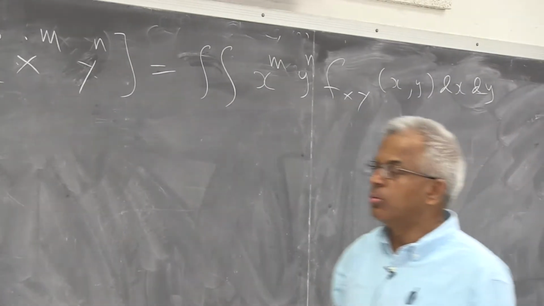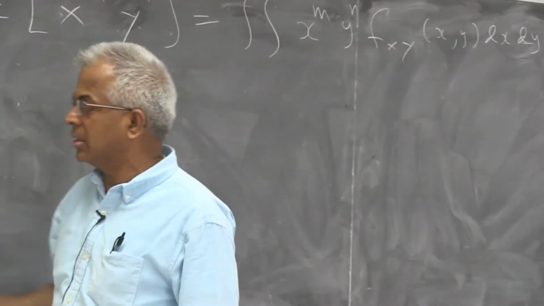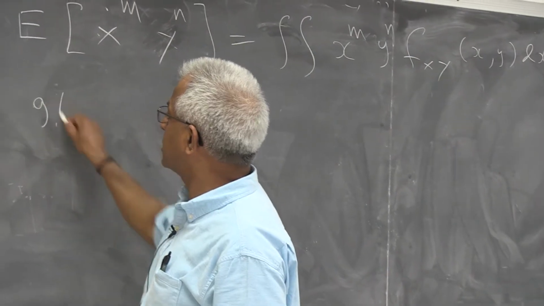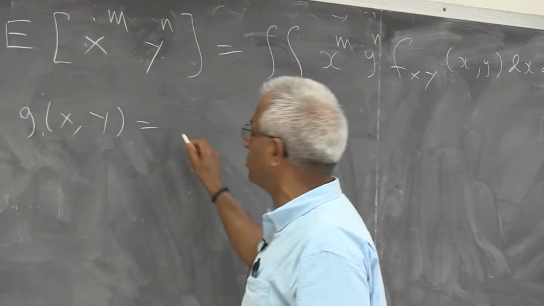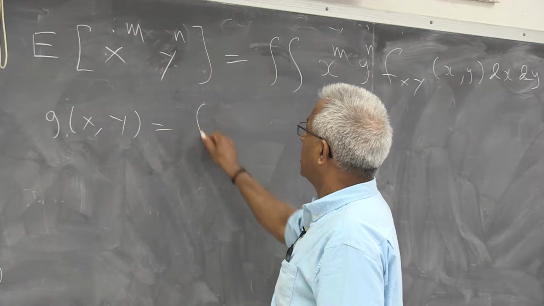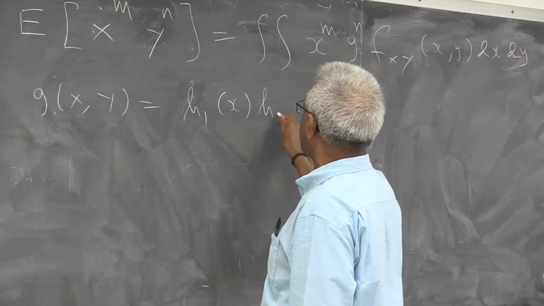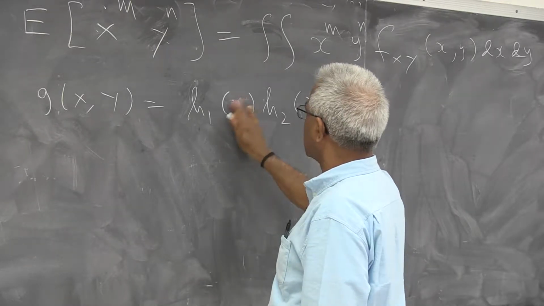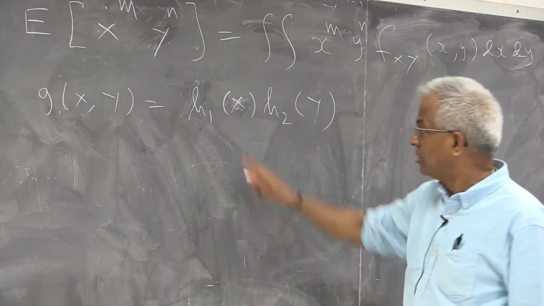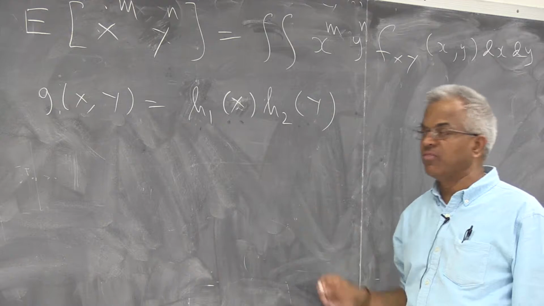One important thing I want to say, so this is in general. Suppose g(x,y) is of the form h1(x) multiplied by h2(y). Here it is separable functions.